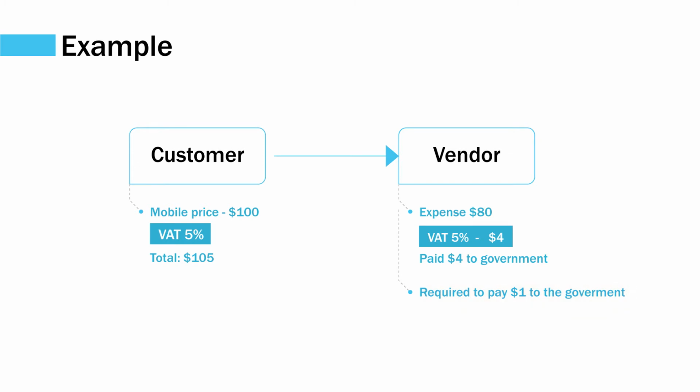So in this example, he will collect $5 from the consumer, he will set off the $4 which he has incurred on the expenditure, and he will make a net payment of $1 to the government. So this is the concept of input tax credit.